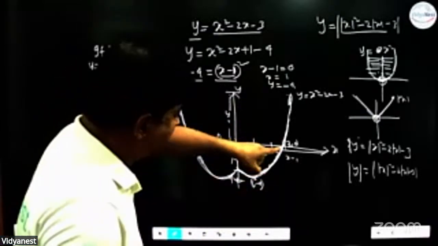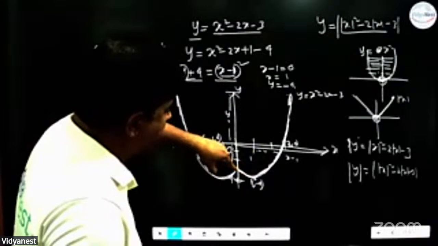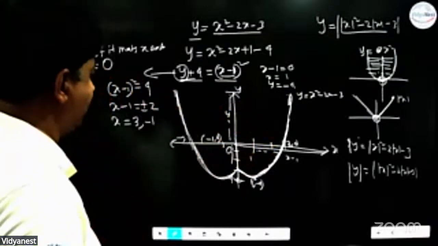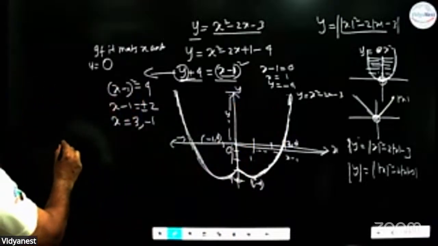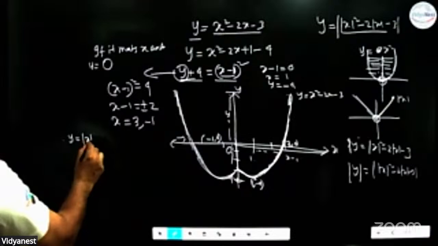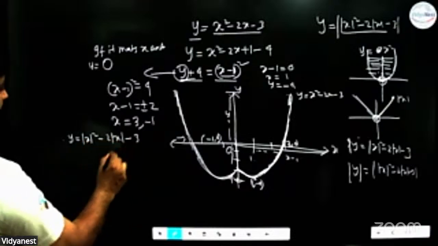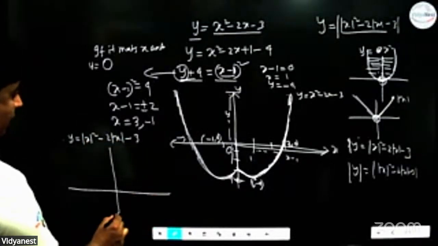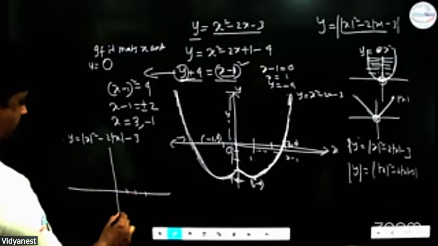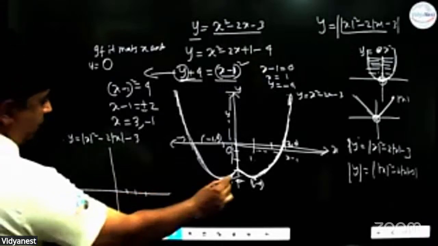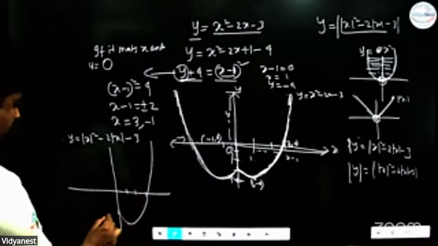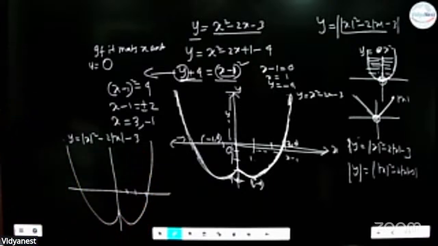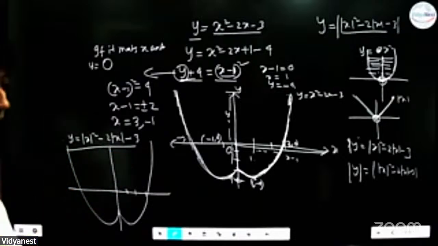Means this part's symmetry will be drawn here. So we have, see this figure, y is equal to mod x square minus 2 mod x minus 3. This figure you have just got: minus 1, 1 comma minus 4. So this is the figure of this. Yes or no? Yes, sir.